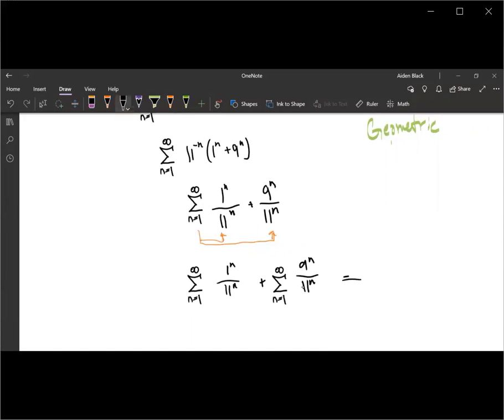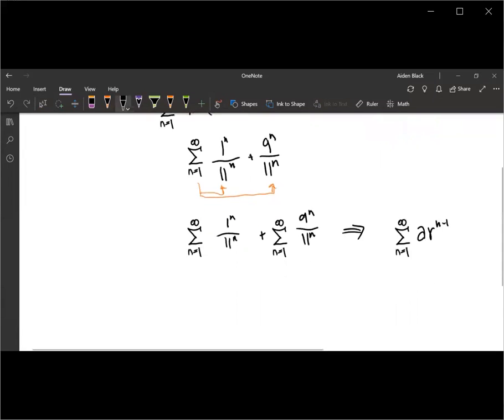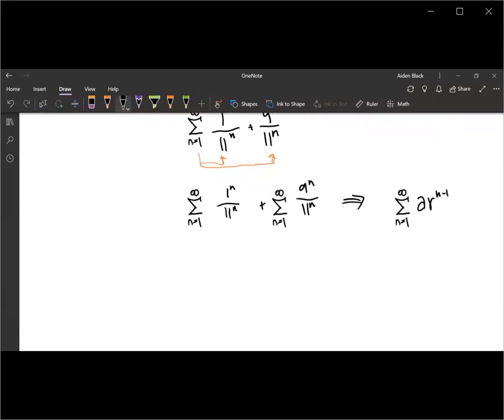We can see that it's convergent because of this simple formula. We look at our common ratio. That's r. The absolute value of r must be less than 1 for our series to be convergent.